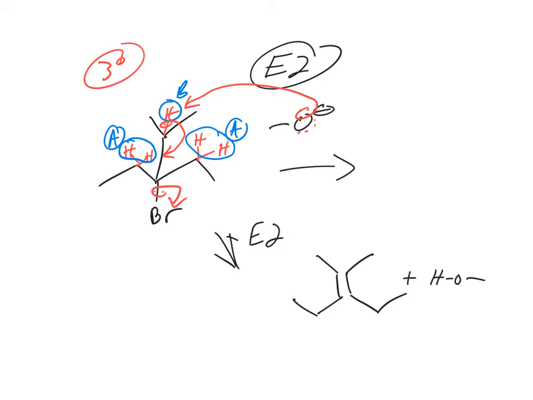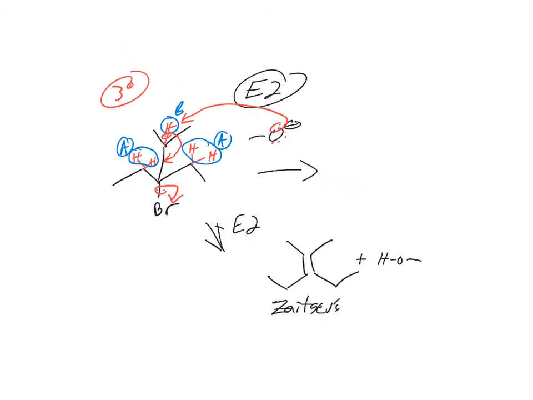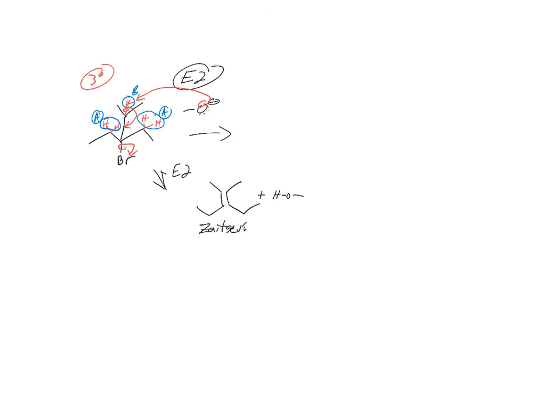So great, that's done. There is an exception to this rule. Of course, this is the Zaitsev product, tetrasubstituted. We would have grabbed hydrogen A, however, if our base had been much larger, like a tert-butoxide, then it's going to be tougher to grab B because this is a tertiary alkyl halide, and now we have a really big bulky base.